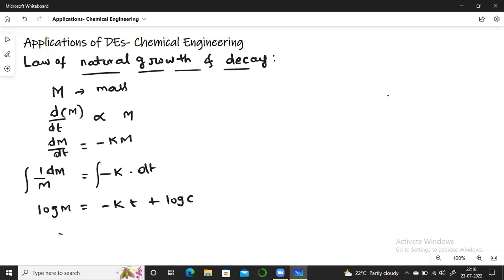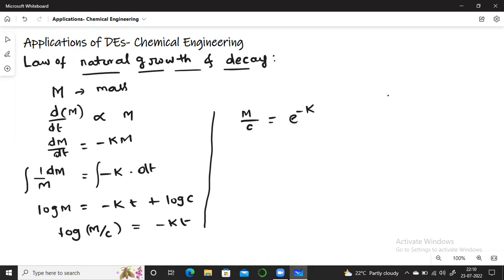Log m minus log c is log m by c. It means log m over c is equal to minus kt. So m over c is equal to e to the power minus kt.